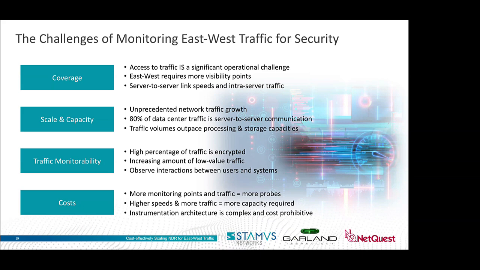And we'll look at that from an architectural perspective, but I've got to get more probes in more places and deal with this traffic increase, the number of links, the higher speed links. So fundamentally, the challenge that people face, let's say we get past the coverage and everything else, the cost and complexity of building that visibility architecture is a challenge. And that's what we're going to look at here as we look at ways of getting the most valuable intelligence from the network that we possibly can.